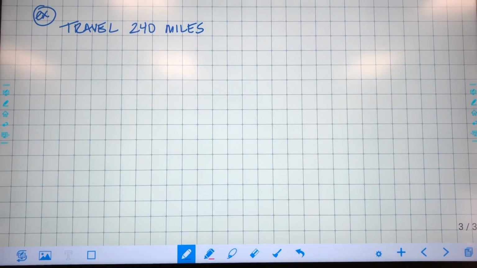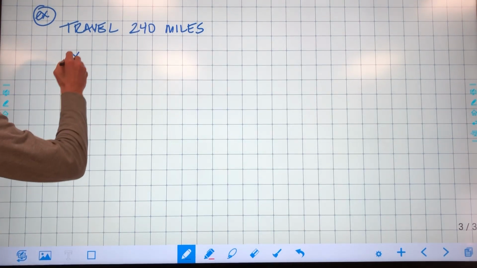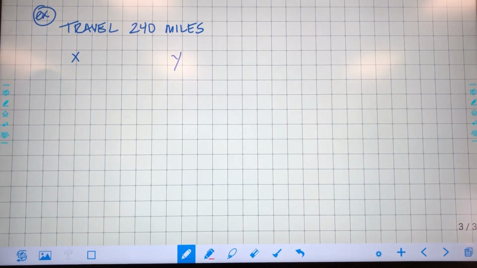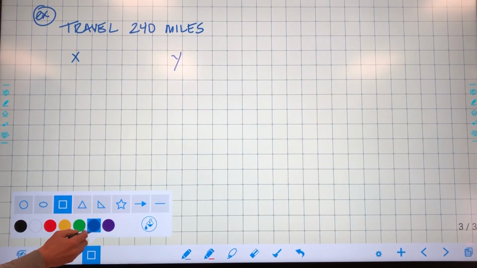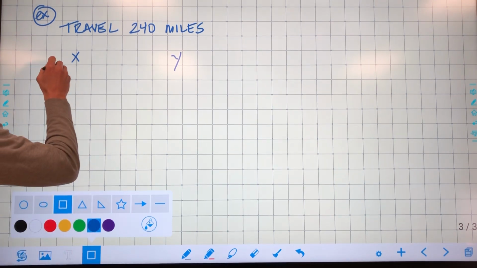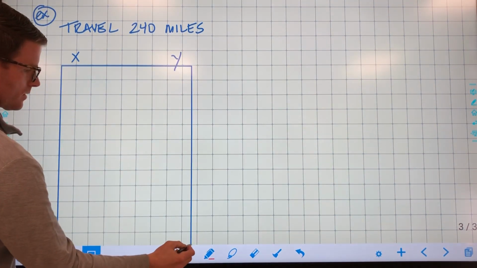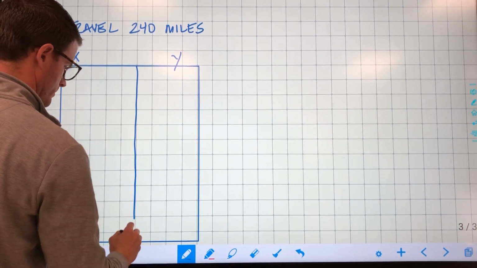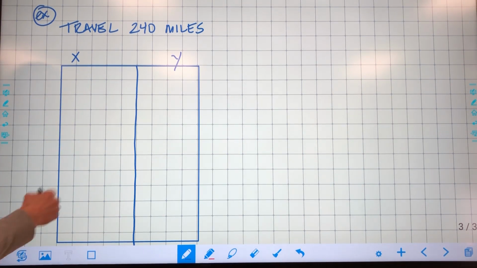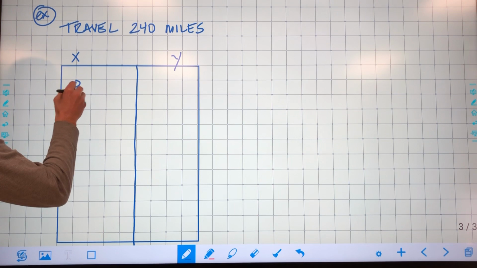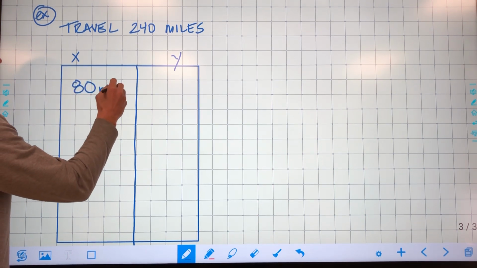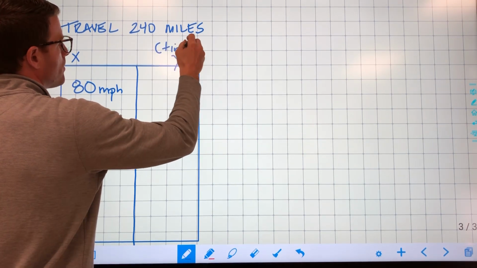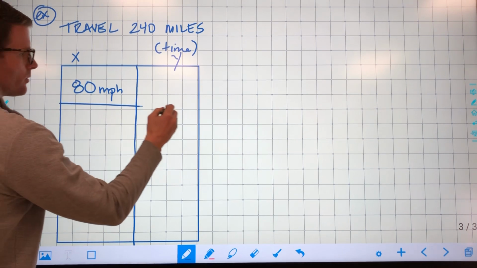Let's say that the x value is your speed and the y value is your time. We'll make a little table. Okay, there we go. If I drive 80 miles per hour, what is my time? This is time. I'm having you guys figure this out.